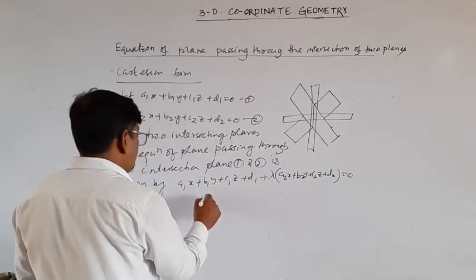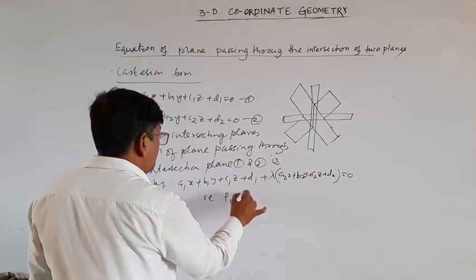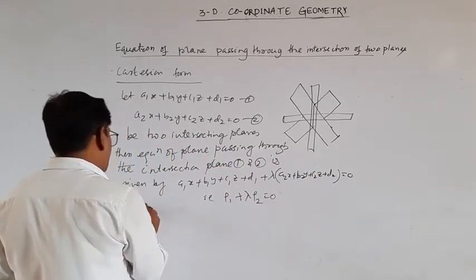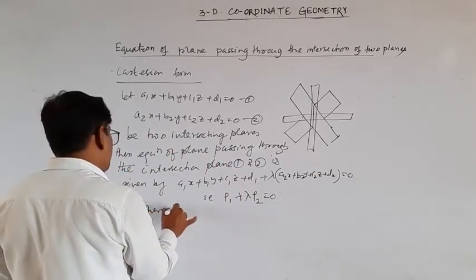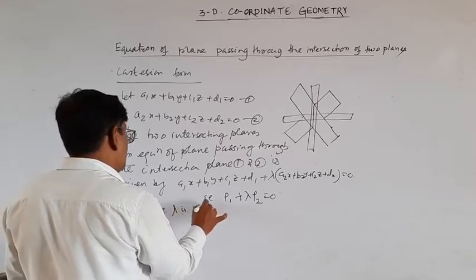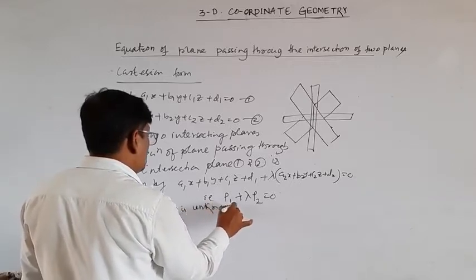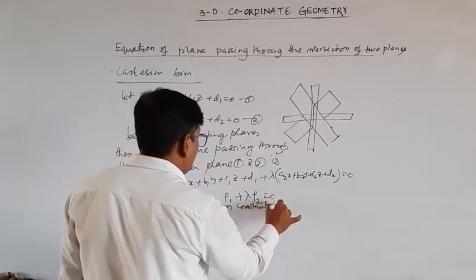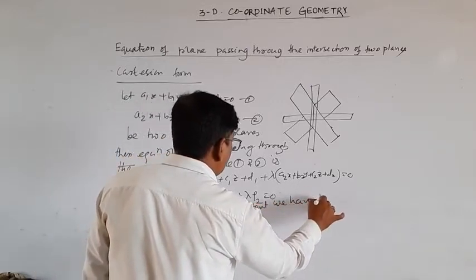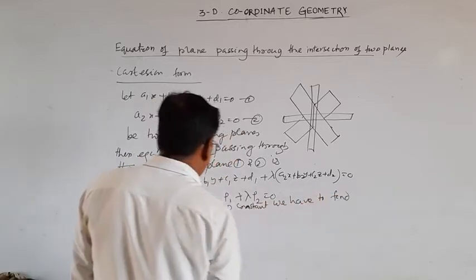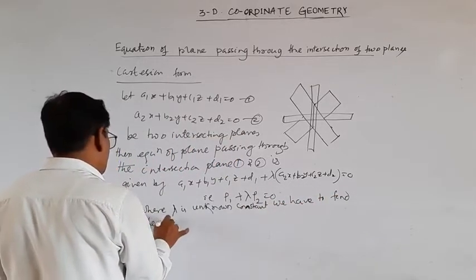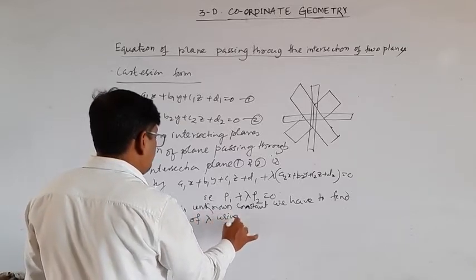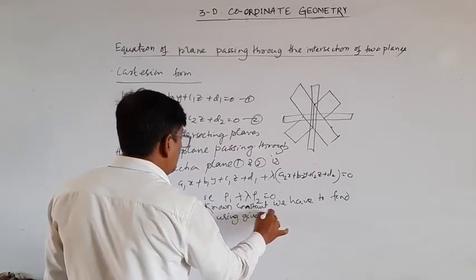That is, we can say P1 plus lambda into P2 is equal to 0, where lambda is an unknown constant. We have to find the value of lambda using given condition.